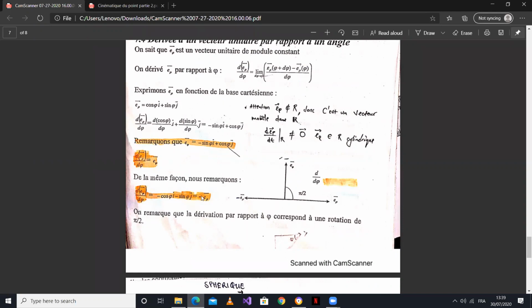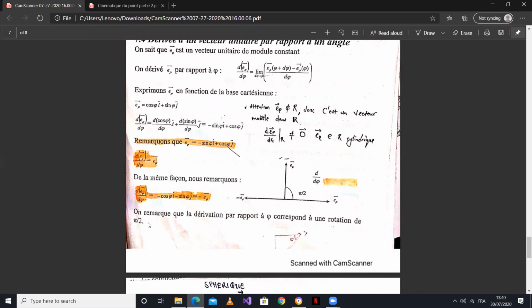This is simply equal to the negative of e rho, since multiplying e rho by minus gives minus cos phi i minus sin phi j. And from here, we get the general rule. We note that differentiation with respect to phi corresponds to a rotation of pi over 2.